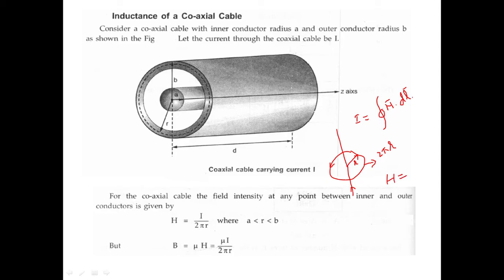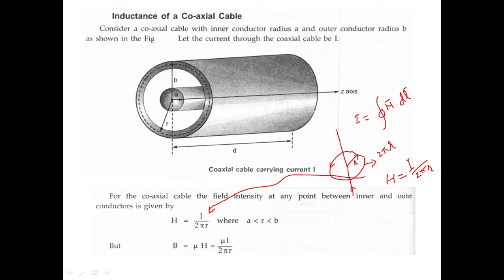Since we have got 2 pi R directly for dl, no need of integration here. So H is equal to I by 2 pi R. So that is the equation written here, right? R is between A and B.